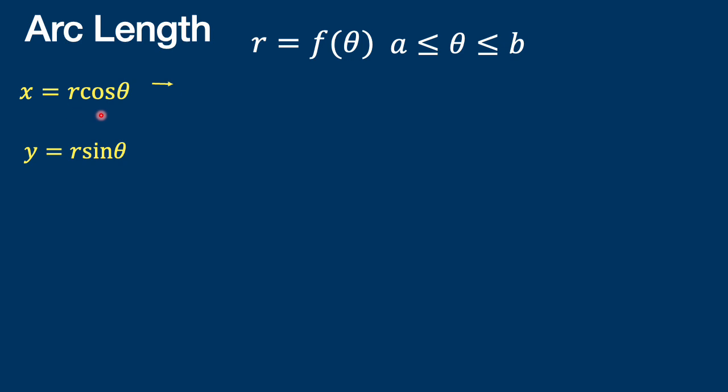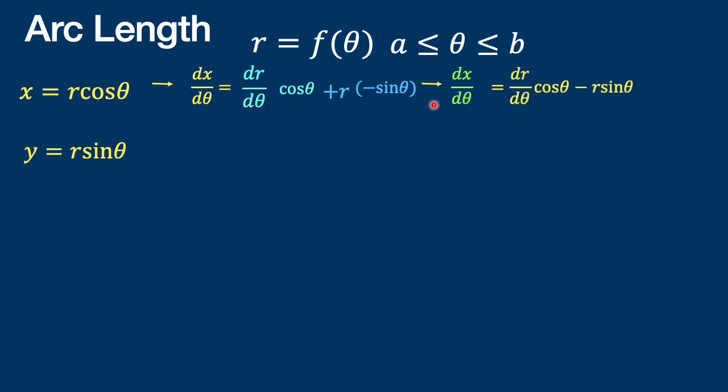We want to find dx d theta, because x depends on theta, using the product rule. Take the derivative of r first times cosine, plus r times the derivative of cosine, which is negative sine theta. So dx d theta is dr d theta cosine theta minus r sine theta.